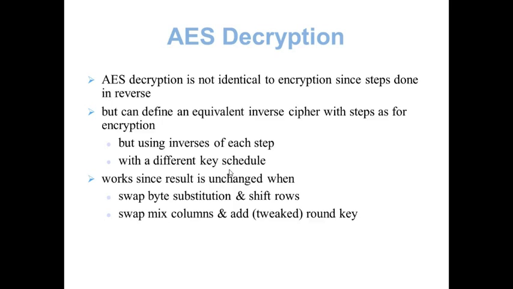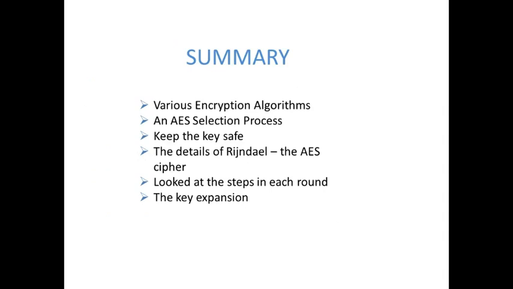Swapping the mix columns and the add round key steps requires the inverse mix columns. This makes the decryption key schedule a little more complex with this construction, but allows the use of the same code for the data encryption or decryption computation.